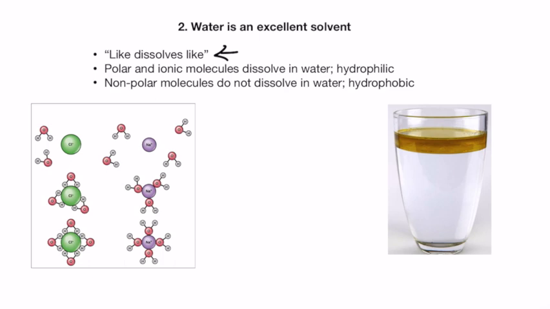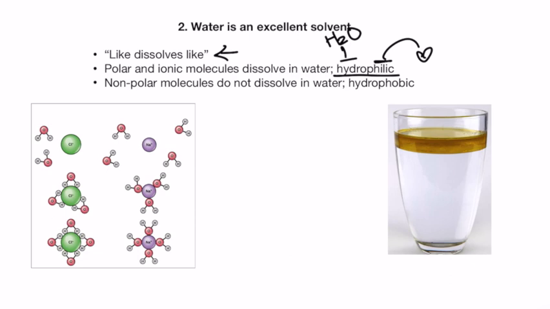And we say that substances that are dissolving in water, like the polar and ionic molecules, are hydrophilic. Hydro refers to water, and philia means to love. So sugar is hydrophilic, salt is hydrophilic because they will both dissolve in water.